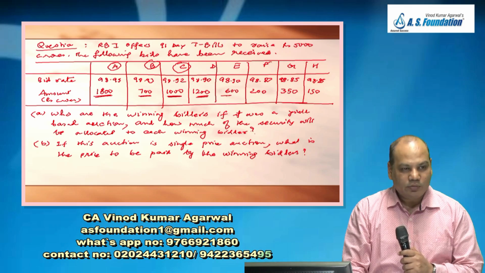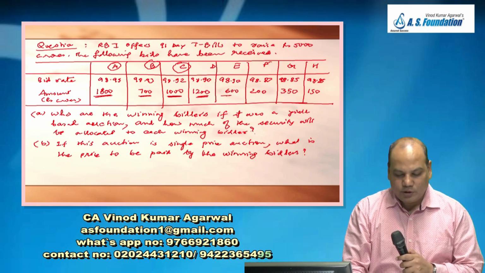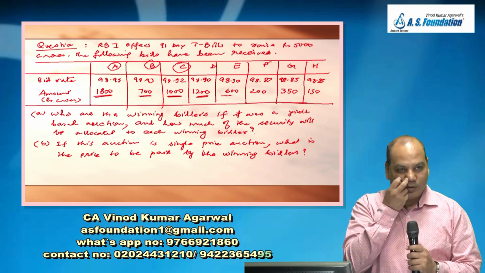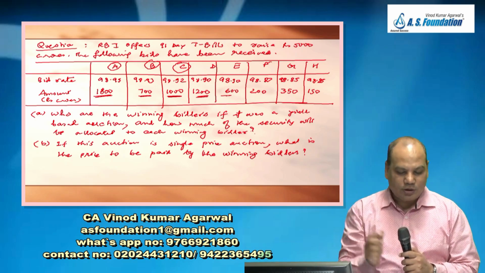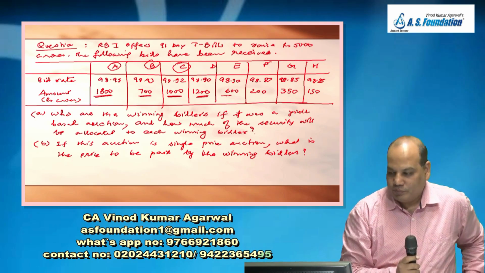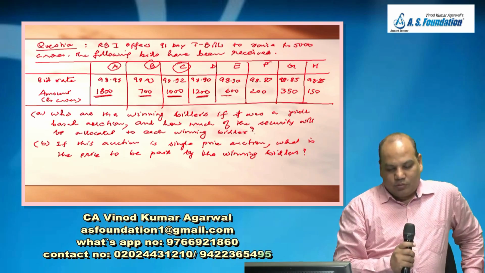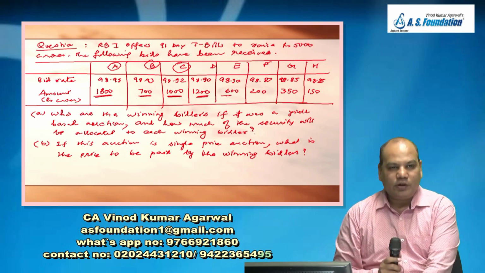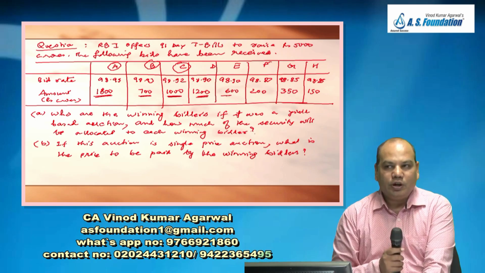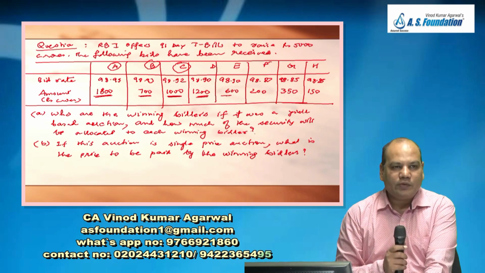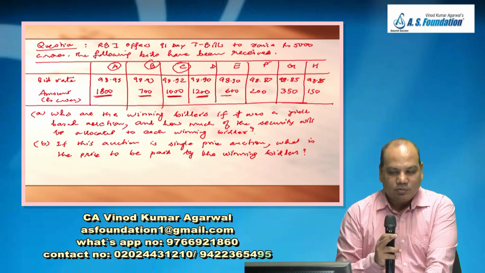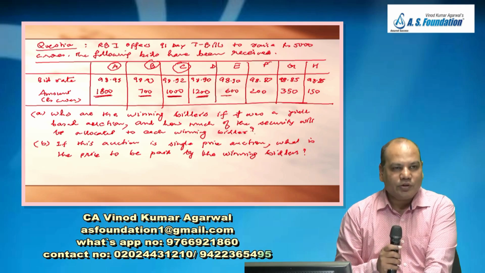Now next line write down. D and E will be allotted rupees 1500 crore. In bracket, that is 5000 minus 3500.